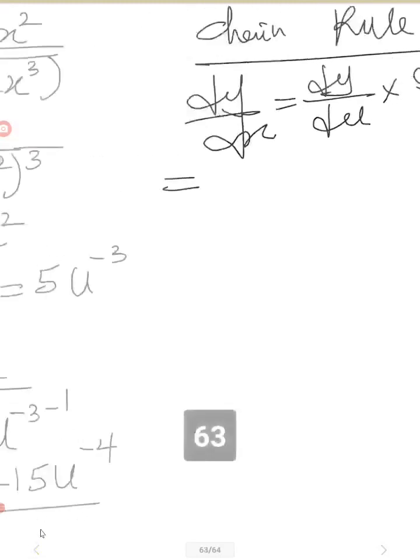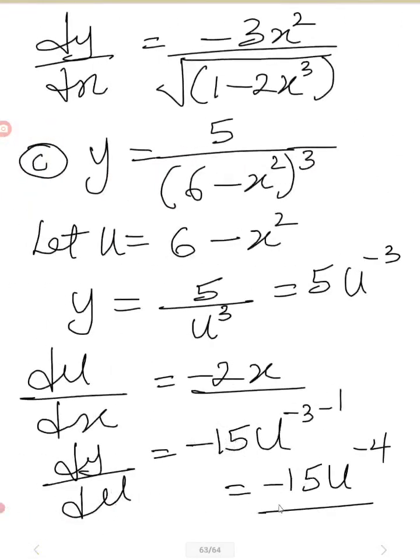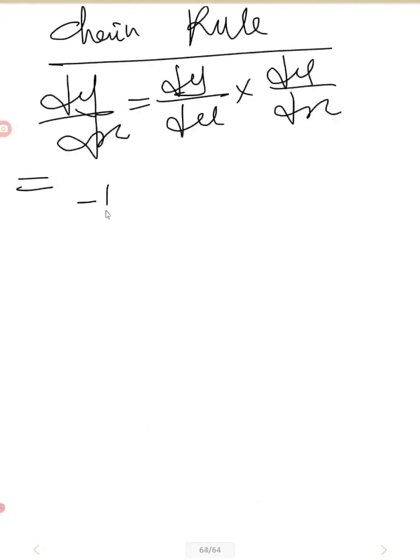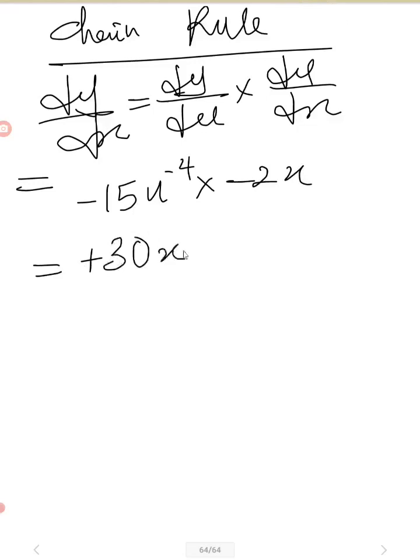Therefore, dy with respect to u gives us minus 15u raised to power minus 4, multiplied by du/dx, which gives us minus 2x. Here, minus times minus gives us plus. 2 times 15 gives us 30, so this gives us 30x u to the minus 4.